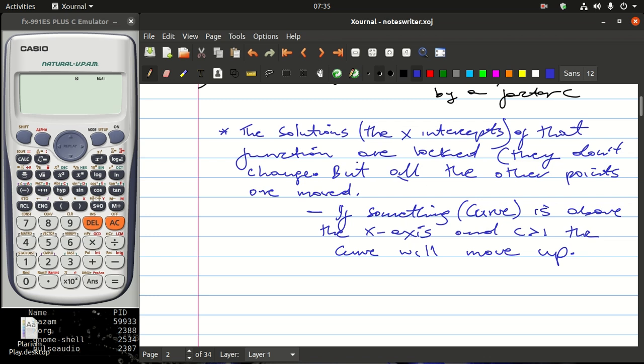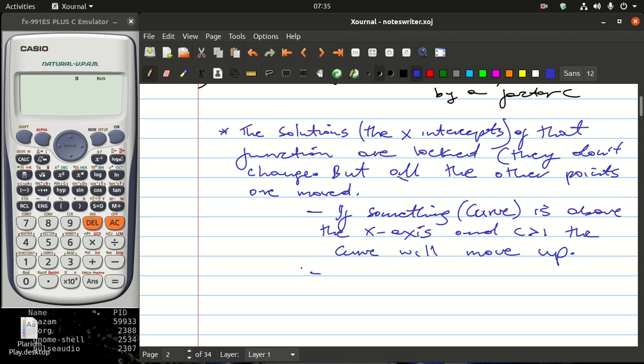Remember that the x-intercepts are locked there, and if c is greater than 1, the curve will move up. All the other parts that are above the axis will move up. If something is above the x-axis, it will move up. That's what I was trying to say here.